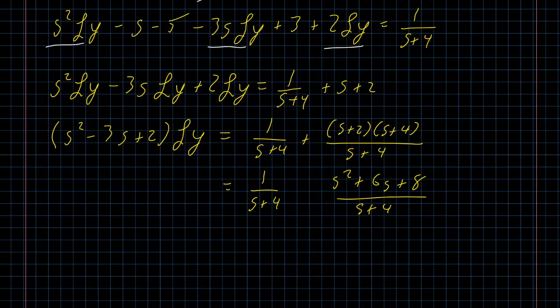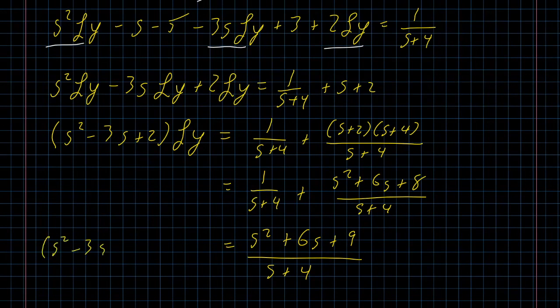Then add 1 to it and I get s squared plus 6s plus 9, all over s plus 4. And the left-hand side is s squared minus 3s plus 2 times the Laplace transform of y.